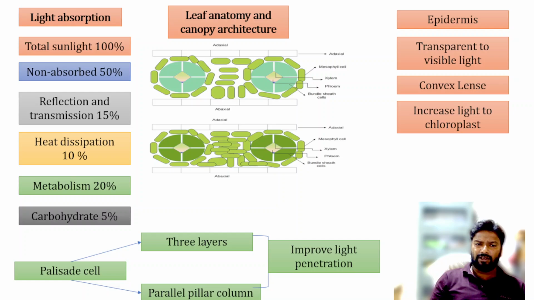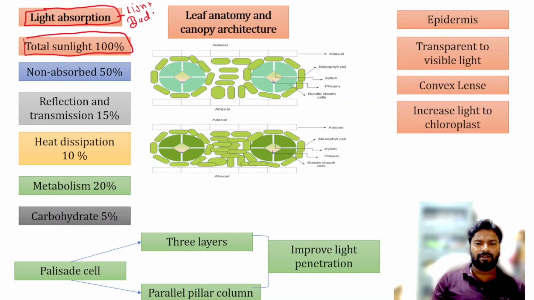So friends, you know that light is absorbed by the plant on this planet, Earth. If a total of 100% of light is coming, this is known as the light budget. That is how this light is utilized by the plant. Of the total 100% light coming, 50% is not absorbed, only 50% is absorbed.